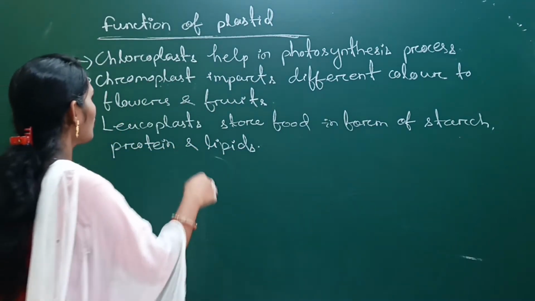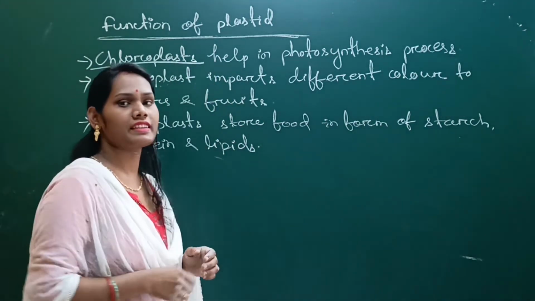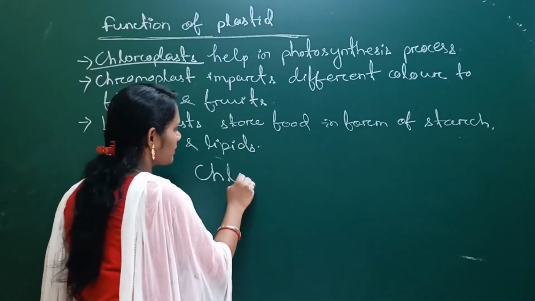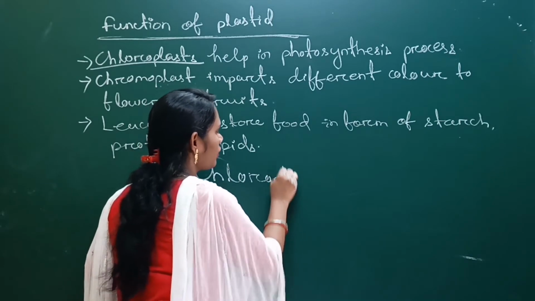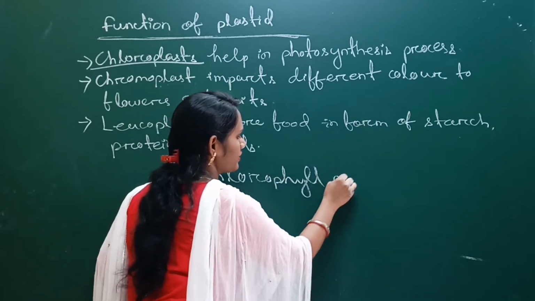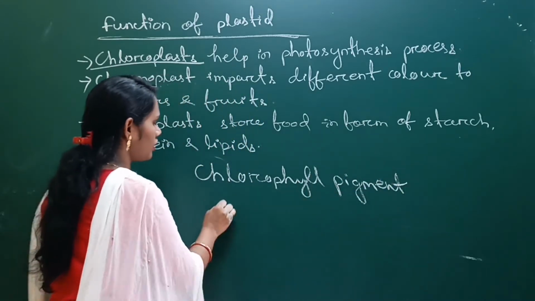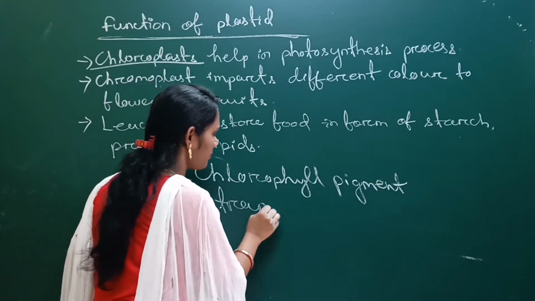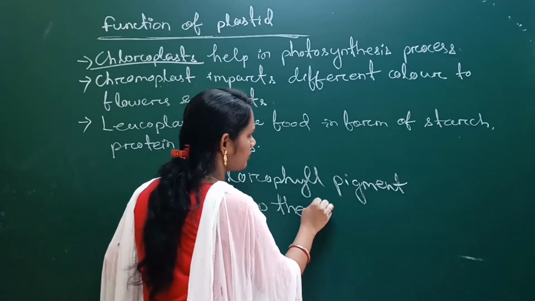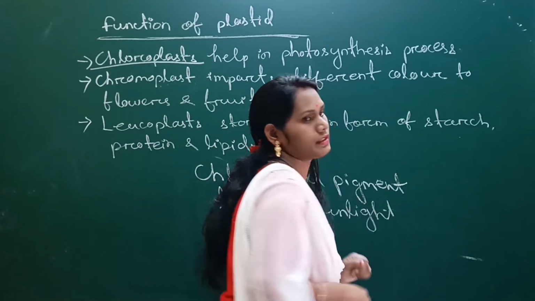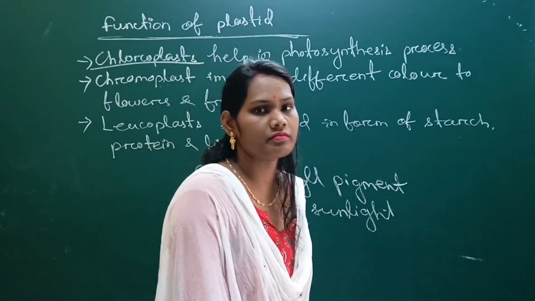So let's discuss the function of plastid. First of all, chloroplast helps in the photosynthesis process. As we know, chloroplast contains which pigment? Chloroplast contains chlorophyll pigment, and that chlorophyll pigment helps to trap sunlight, to trap the particular wavelength of sunlight, and sunlight is used in photosynthesis to prepare the carbohydrate type food.